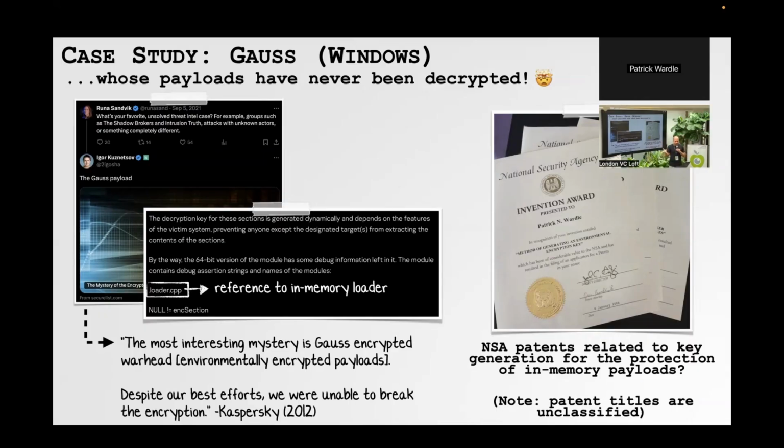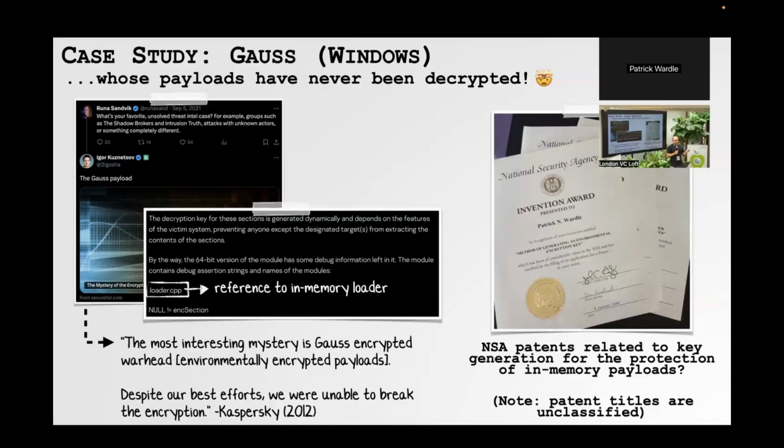Gauss was discovered eventually by the AV community, I believe in 2012. They also captured the encrypted payloads. But because the encrypted payloads were environmentally encrypted, which means they were encrypted to only decrypt on the targets where the implant was designed to run, even to this day, we have not been able to decrypt the payloads.